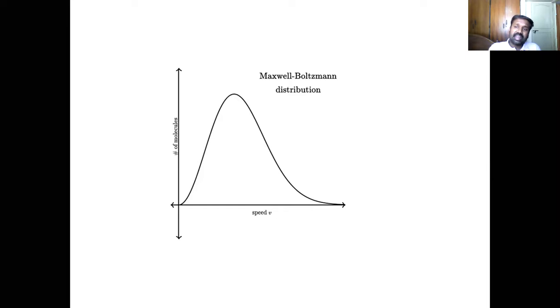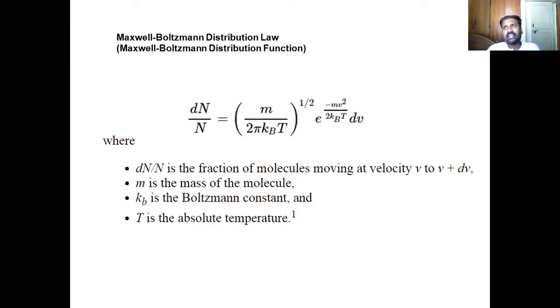It was basically in the 1880s. Two scientists, Maxwell and Boltzmann, observed this and formulated a law to give us the function of velocity distribution.